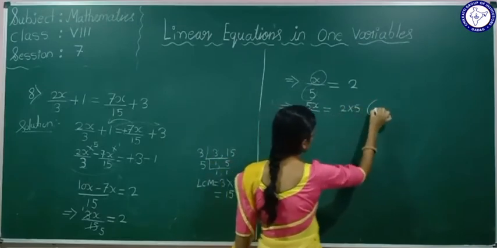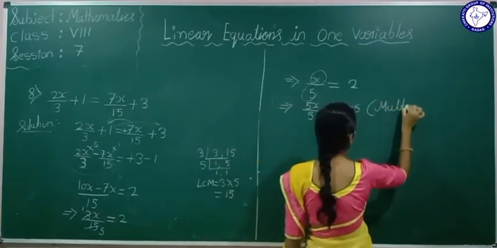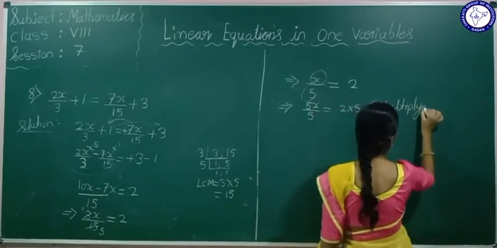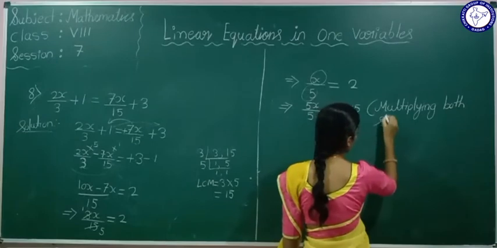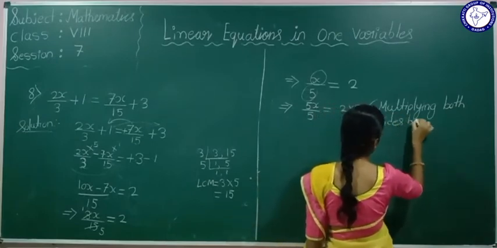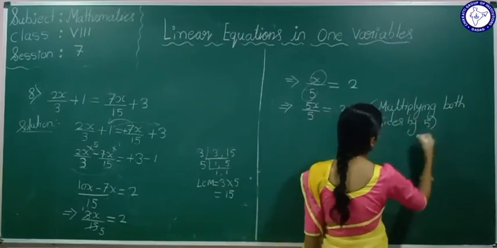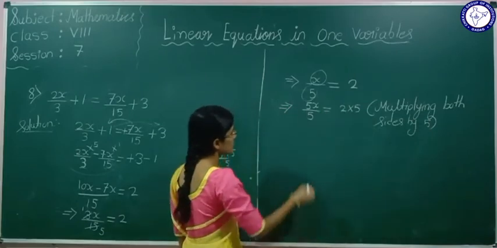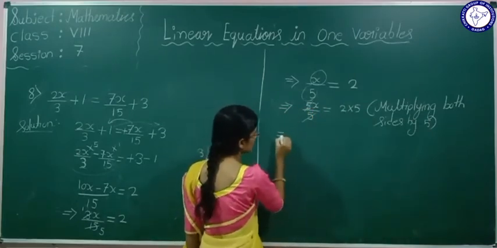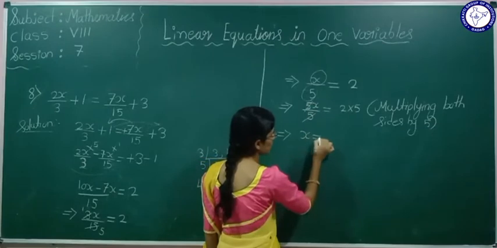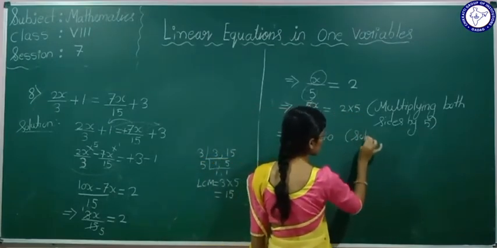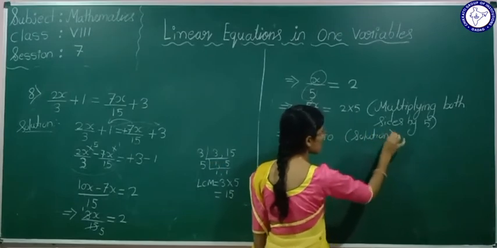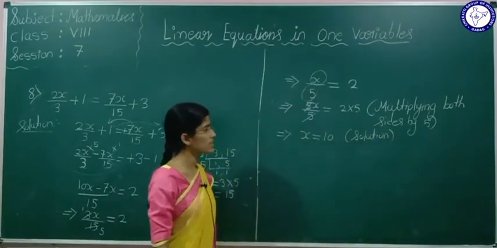So what we have done here? Multiplying both sides by 5. Okay, now what will happen? 5 is going to get cancelled. This implies x is equal to 2 5s are 10. So this is the solution. Okay, this is the solution.